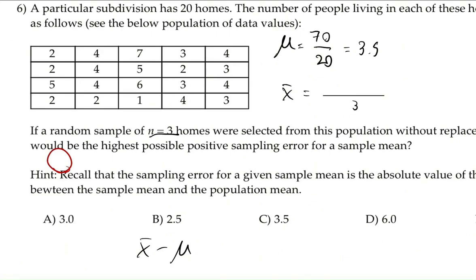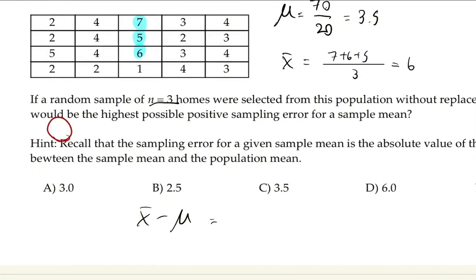They want the highest possible positive sampling error, so we need the top 3 highest values: 7, 6, and 5. We get 7 plus 6 plus 5 divided by 3, which equals 6. So x bar minus mu is 6 minus 3.5, equal to 2.5.